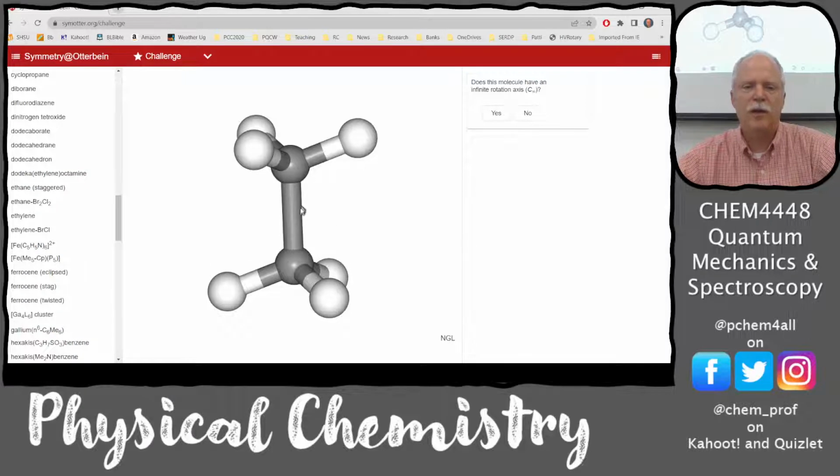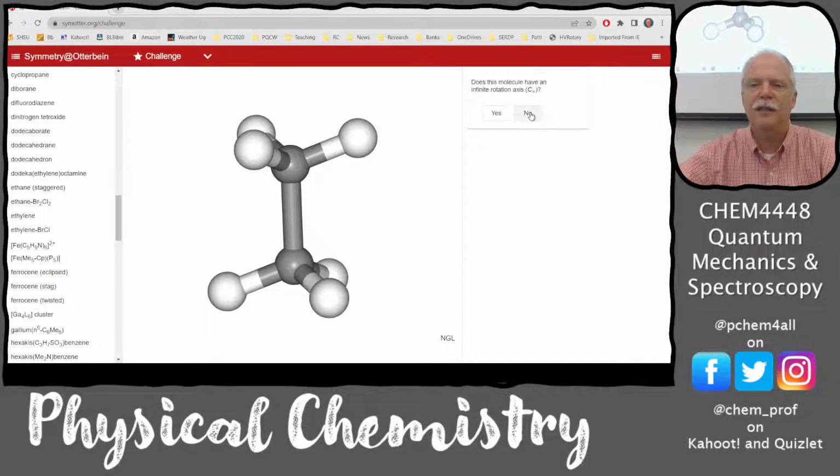We're going to draw the molecule like this, where we have the carbons and 2 of the hydrogens in the plane, and then a wedge coming out here and a dash going in the back, and a wedge coming down here and a dash going in the back. So that's our ethane molecule that's staggered. You understand what staggered means? It's the methyl groups are rotated against each other so that they're in between.